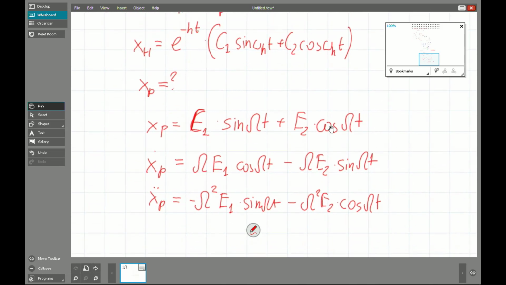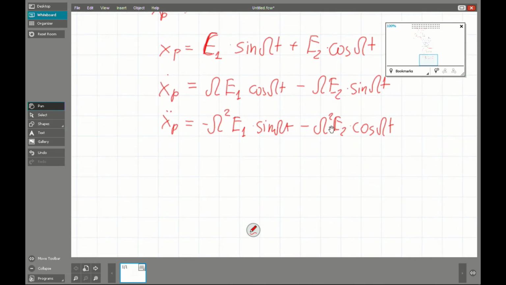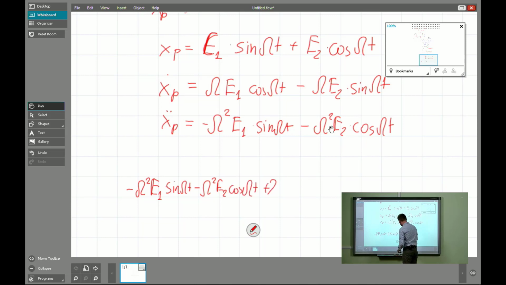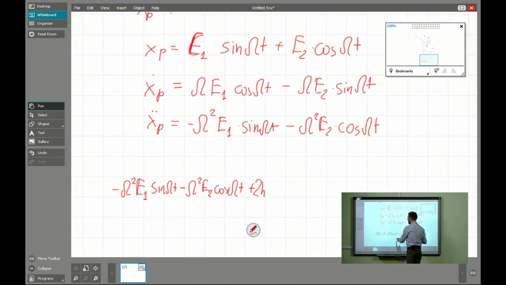Okay, and now we are able to put everything together, and as the left-hand side of our governing equation, we have such a thing. The last component, we will have to add the component connected with the damping.